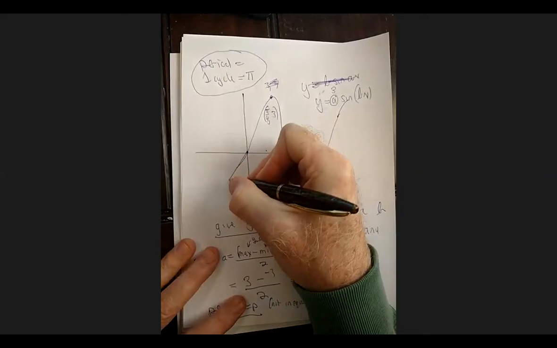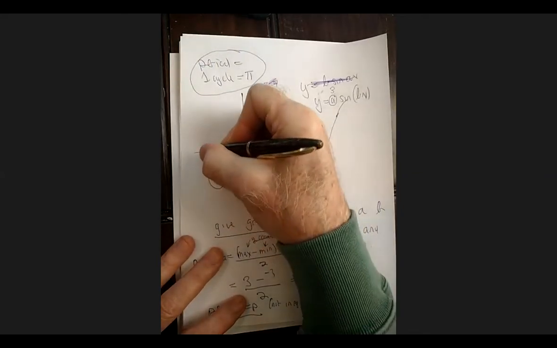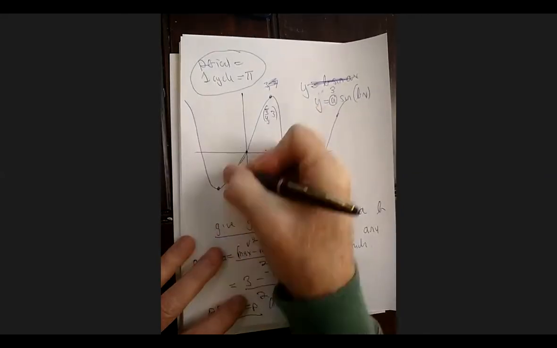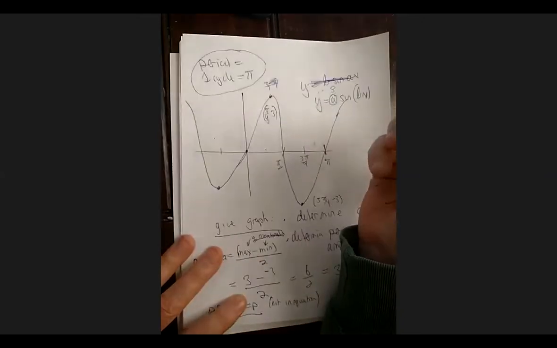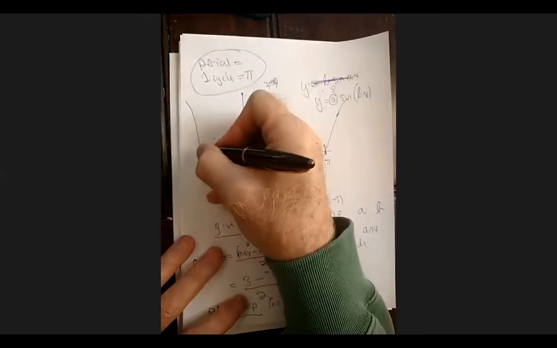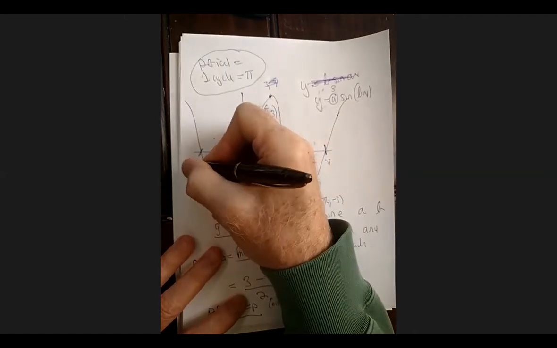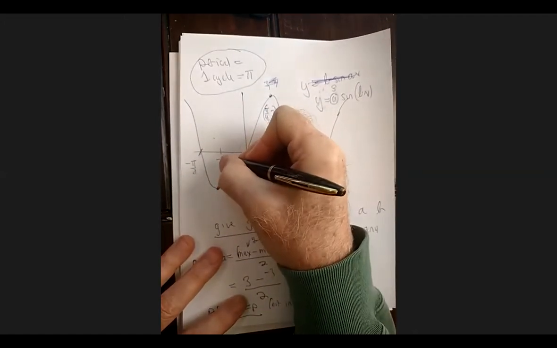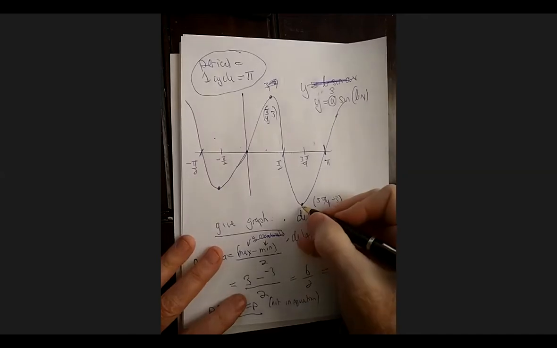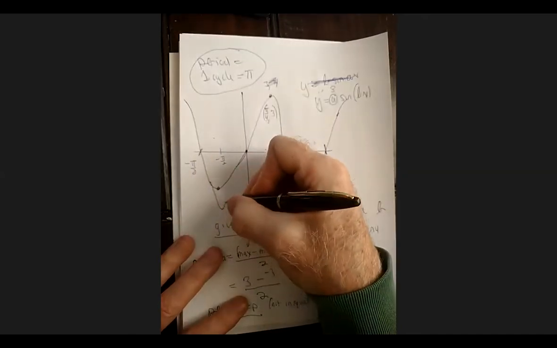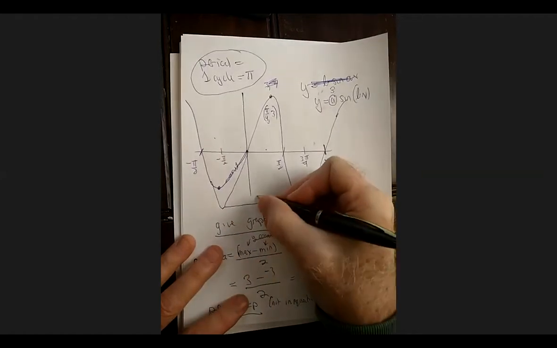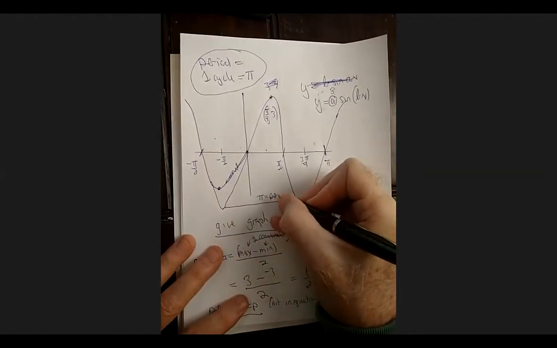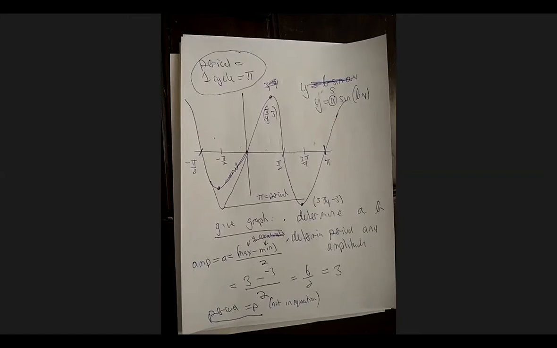Another way to think about the period, if this graph was going on over here, is the distance from peak to peak. If you have a hard time seeing the cycle, just look at the distance from peak to peak.